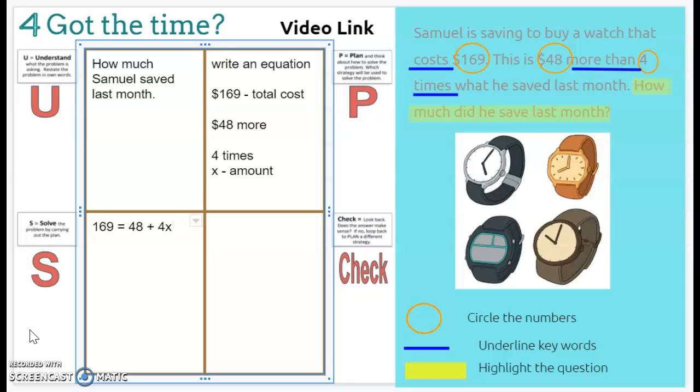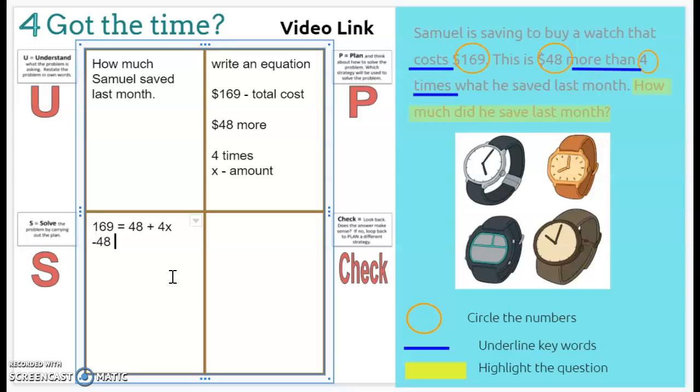So we need to now look at our inverse operations. The first thing we need to do is look at our 48 because that's furthest away from our variable right here. And this looks like it's a 2-step equation, which is what we've been doing.